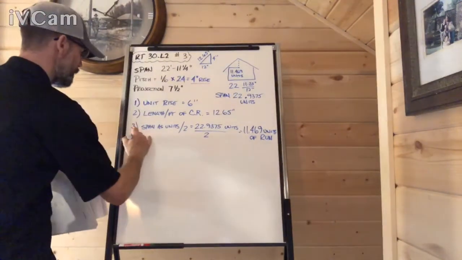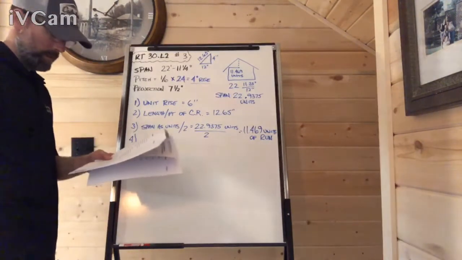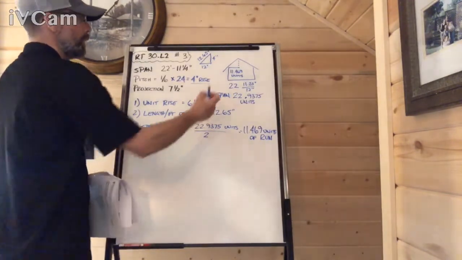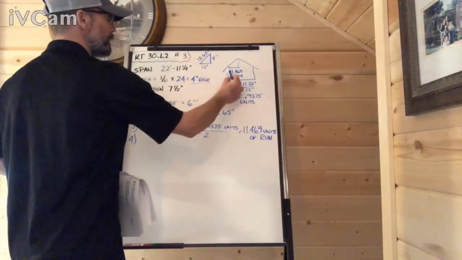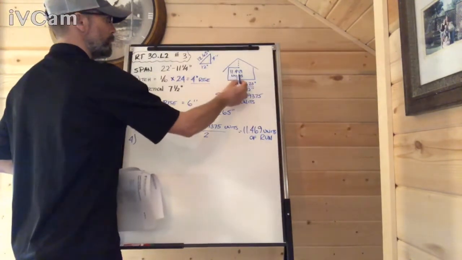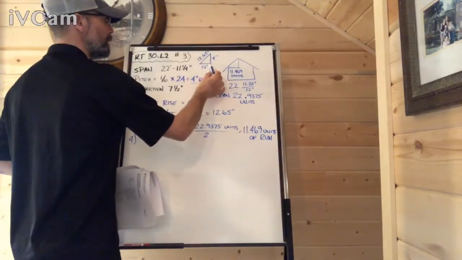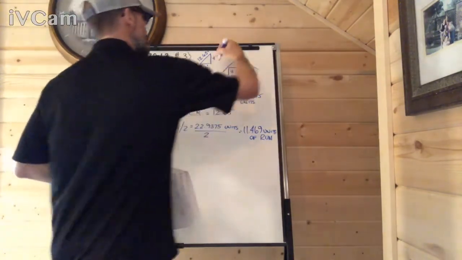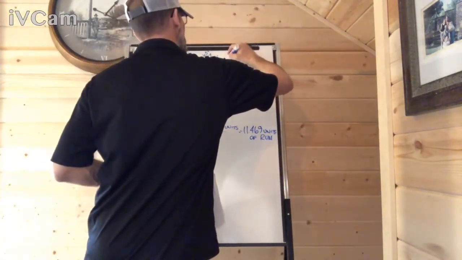Number 4. Decimal length of the common rafter. Every time I go 1 unit of run, I go up 4 inches. If I'm going 11.469 units over, how far up the slope am I going? So what is the line length?